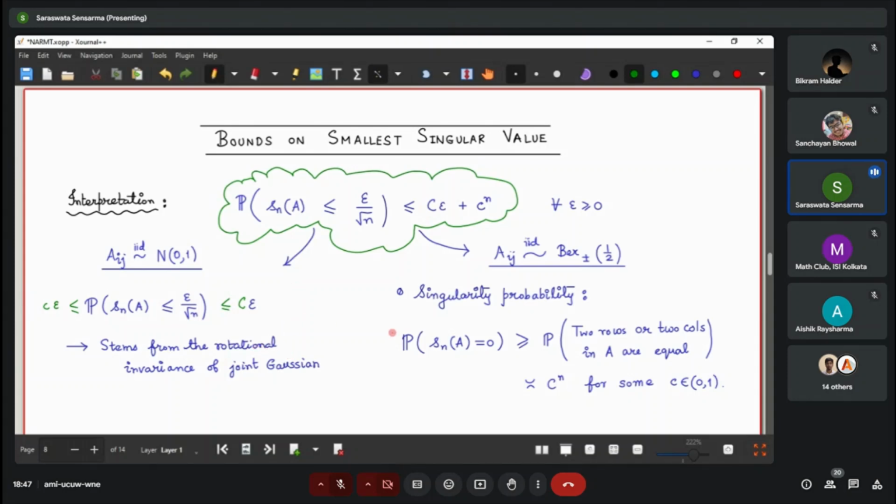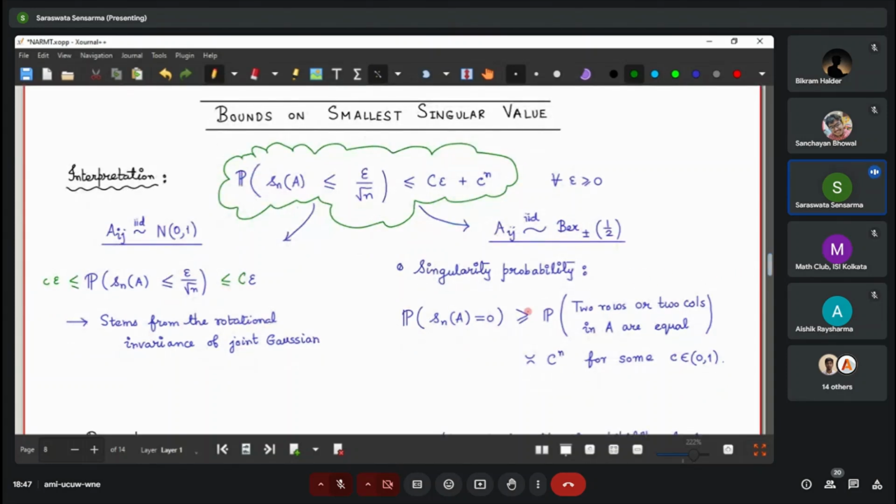And the other side of the coin is, why on earth do we need this exponential term? Because if you're dealing with discrete random matrices, and I put epsilon equal to 0, that has a positive probability, so the right-hand side cannot be 0. In particular, if I take Bernoulli plus minus half random matrices, then let's have a look at the singularity probability.